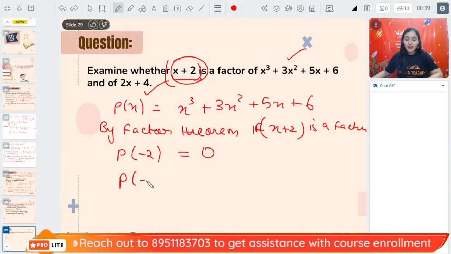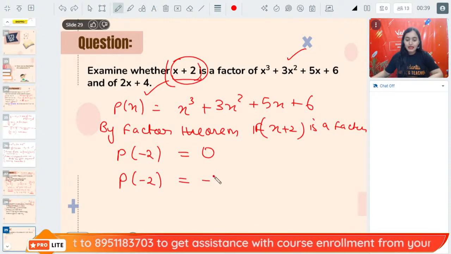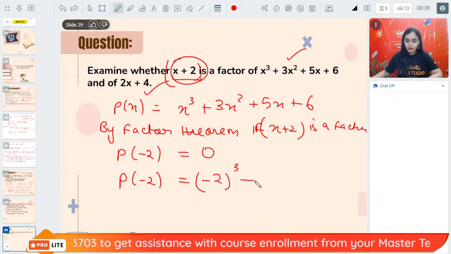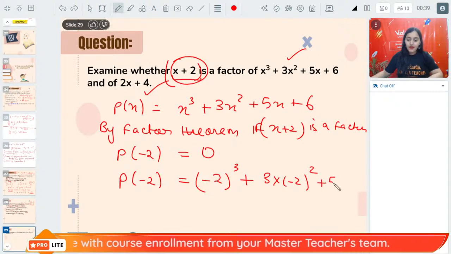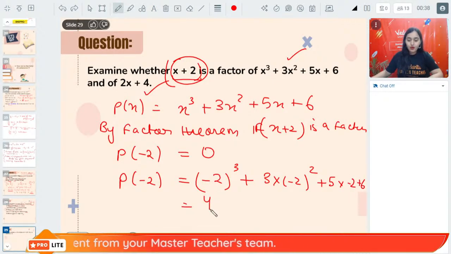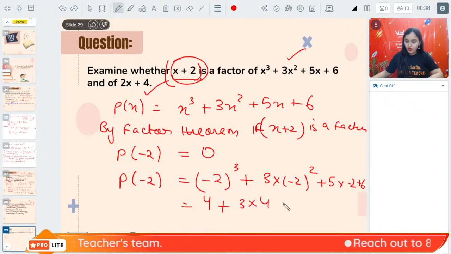What is the value of p(minus 2)? Minus 2 whole cube plus 3 into minus 2 whole square plus 5 into minus 2 plus 6. So it is minus 8 plus 3 into 4 minus 10 plus 6.